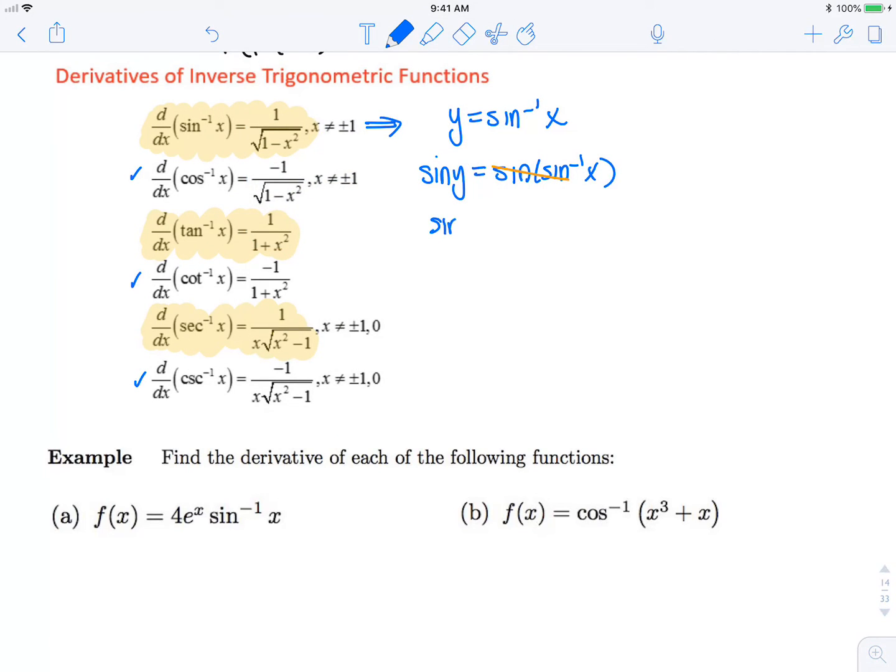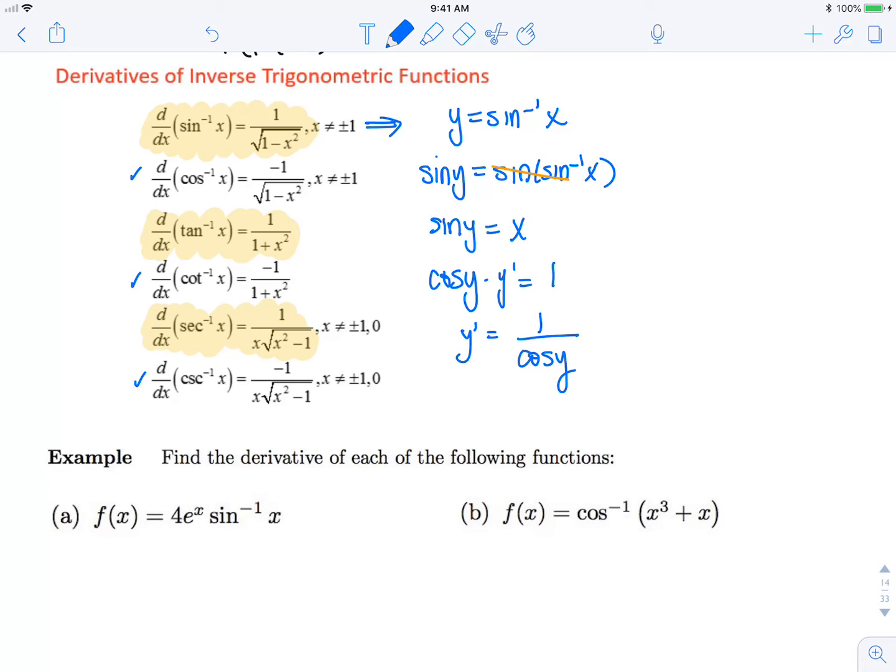So now we have sine y equals x. So now I can take the derivative implicitly. The derivative of sine y is cosine y multiplied by dy/dx, which is y prime, equals 1. So now y prime equals 1 over cosine y.